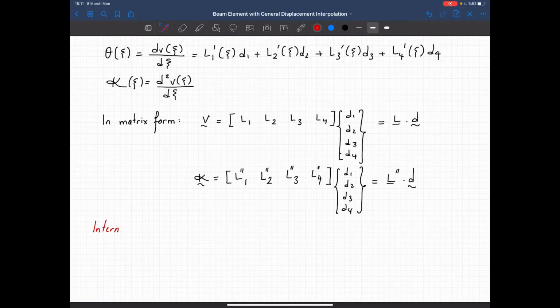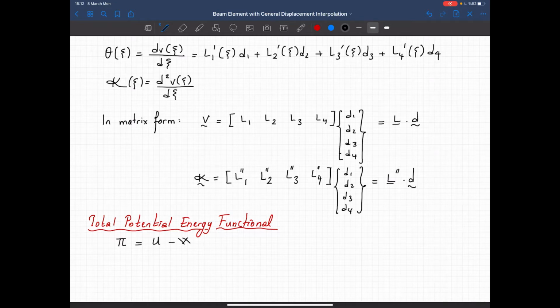Now let's write down the internal strain energy. Or let's start from the total potential energy functional. I'm just following the same path that we did for the other two truss and beam elements. So P is equal to U minus W, but here I'll just focus on U, which is bending deformation only.